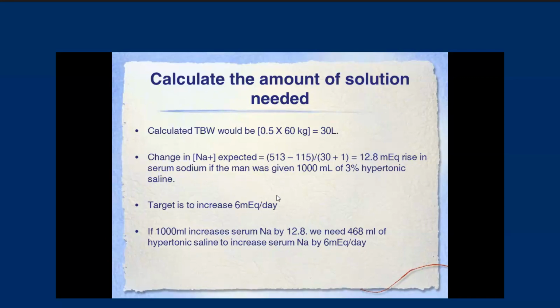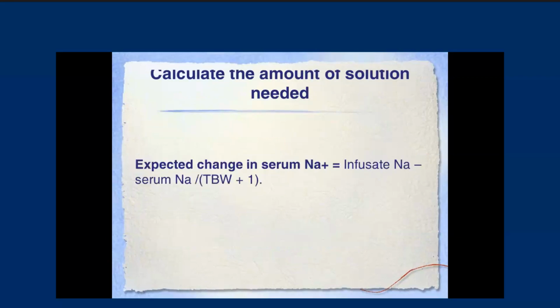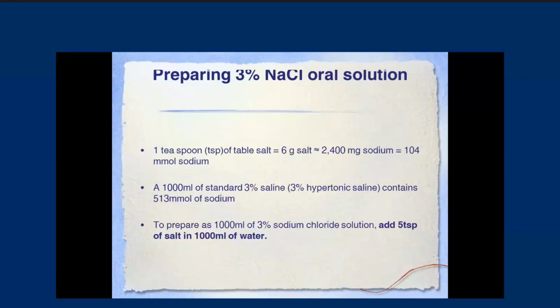So after preparing 1000 ml of PO 3% saline with the preparation I mentioned earlier, adding 5 teaspoons of salt in 1000 ml of water, this contains around 513 or around 520 millimole of sodium in 1000 ml of water.